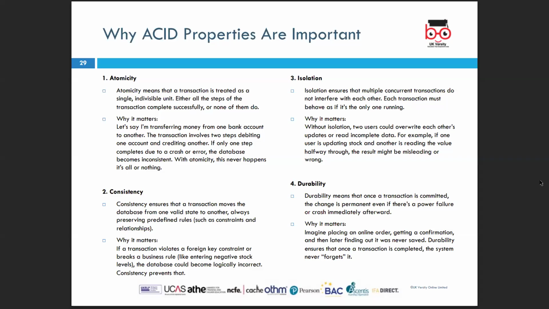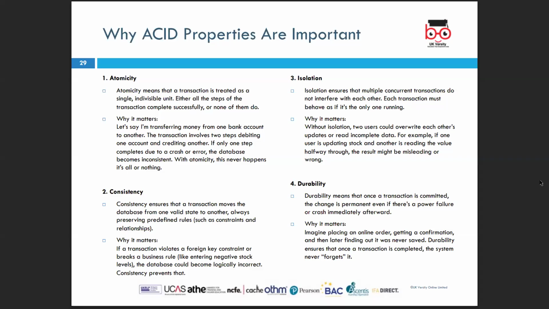Consistency. We ensure that the transaction moves the database from one valid state to another, always preserving predefined rules such as constraints and relationships. Isolation. We ensure that multiple concurrent transactions do not interfere with each other.